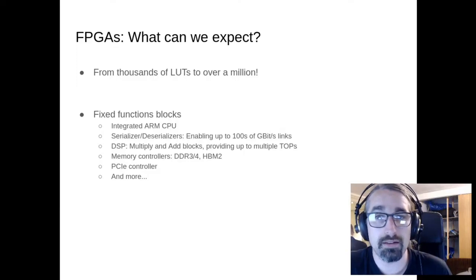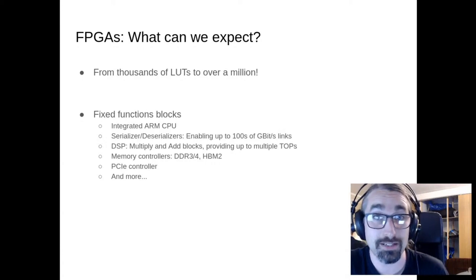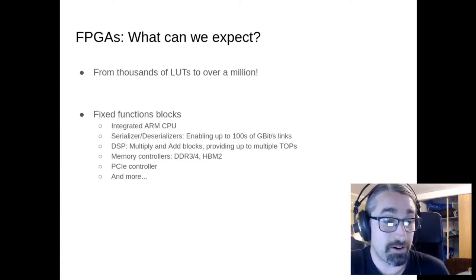But as I was saying, the link speeds of hundreds of gigabit per second are possible because there is this fixed function block that takes a parallel bus as an input and then outputs it as a single serial connection. So you can imagine that using this with a memory controller is pretty darn efficient. That works very well.